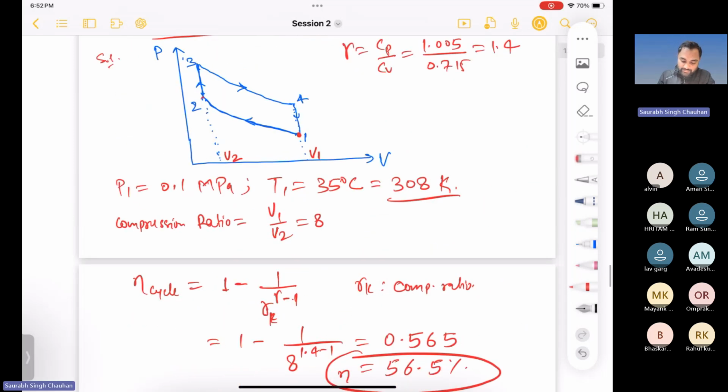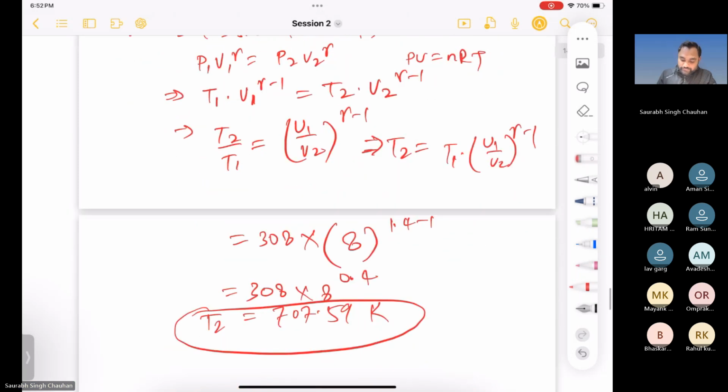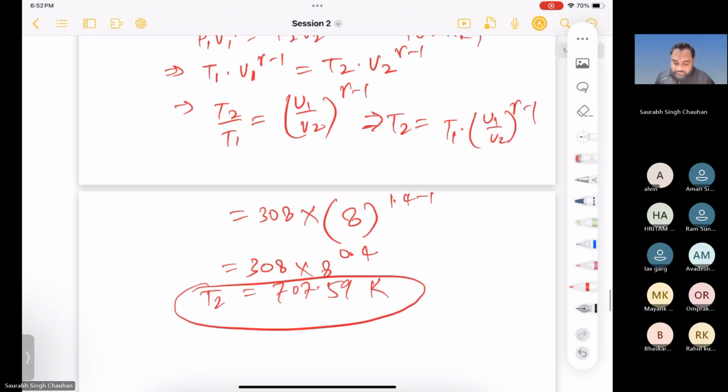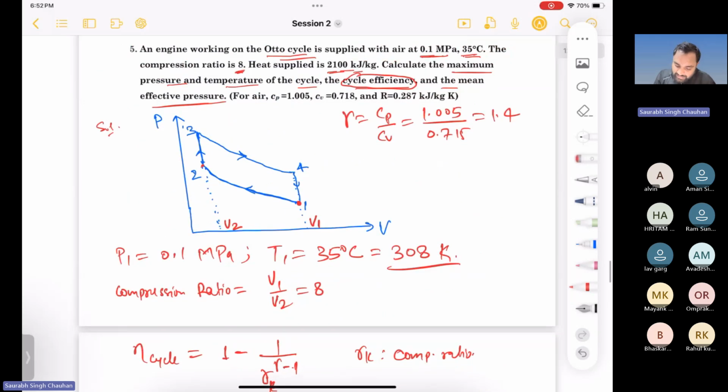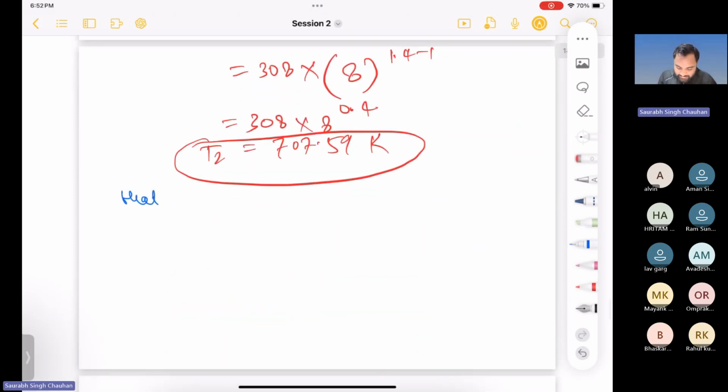Now you have T2, and we also have the 2100 kilojoule per kg heat supplied.